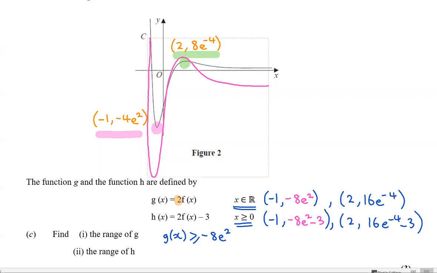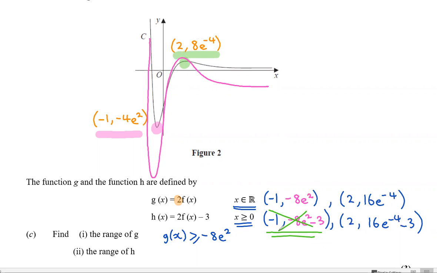So it's going to move down. But also I have to consider that I'm only taking x values that are greater than or equal to 0. Now that's really important. Now this means that the first stationary point plays no part whatsoever. I cannot use this. Okay, that's gone because it's not in my domain. Okay, I can only think about x values greater than or equal to 0. So it can't be anything to do with that.